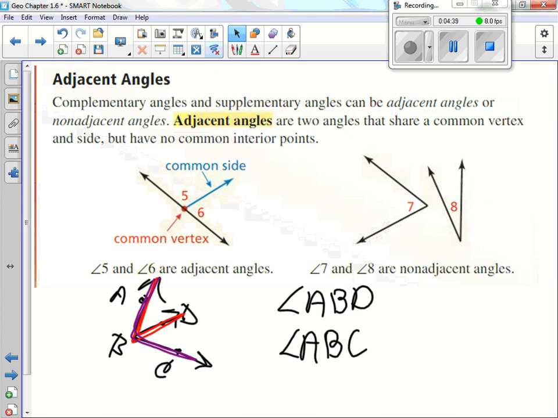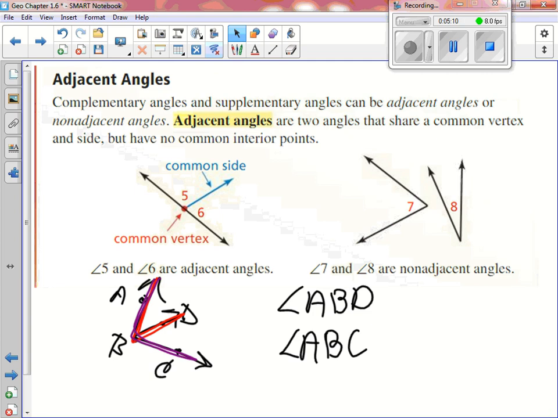Yes. Adjacent angles are two angles that share a common vertex and side, but have what? No common interior points. That means one of those angles cannot be inside the other. For them to be adjacent, they cannot be inside the other because ABD is inside of ABC, isn't it? It is not adjacent. Adjacent means next to. They're pretty much right next to each other.